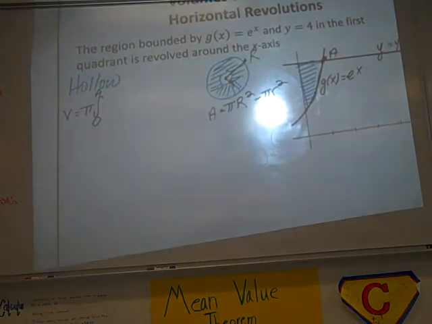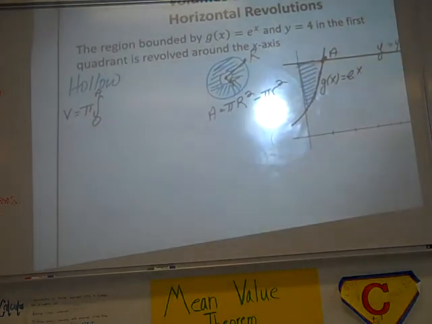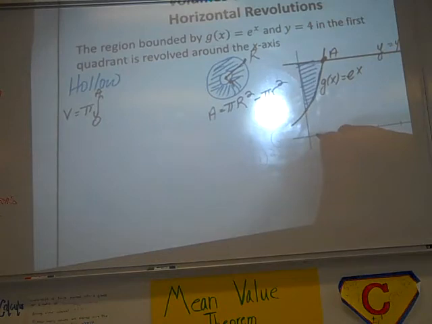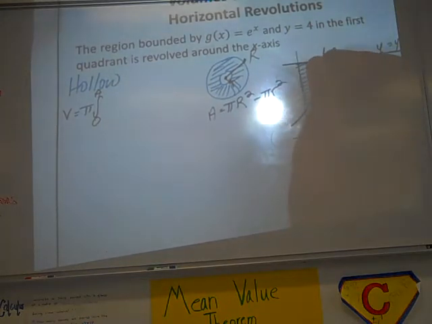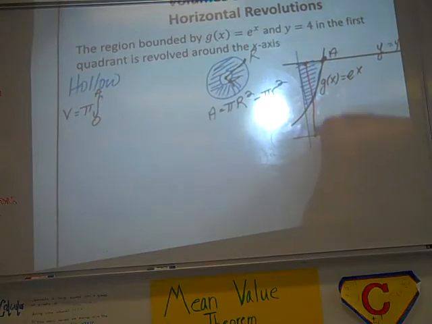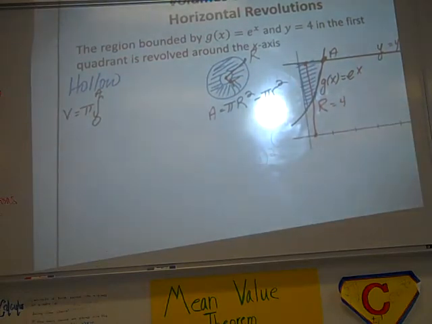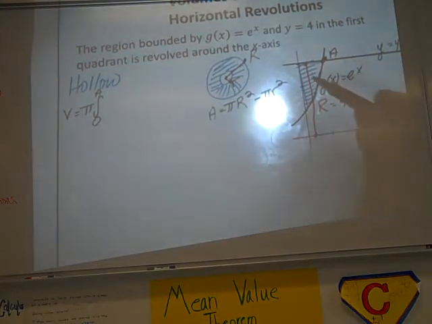If I'm spinning this light blue region around the x-axis, in order to figure out big R, you start at the x-axis and you go until you hit the outer shell. Normally, someone in my class, once I hit the line y equals 4, would yell, stop. That tells me the big radius is going to be 4 units long. Anywhere I draw this little representative slice, the radius is going to be 4.